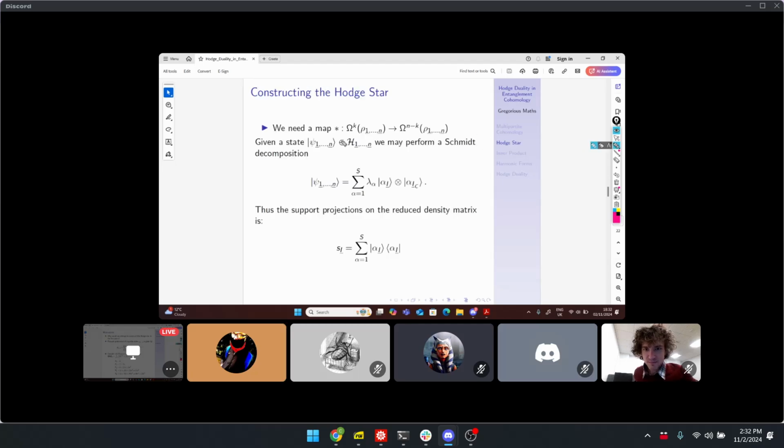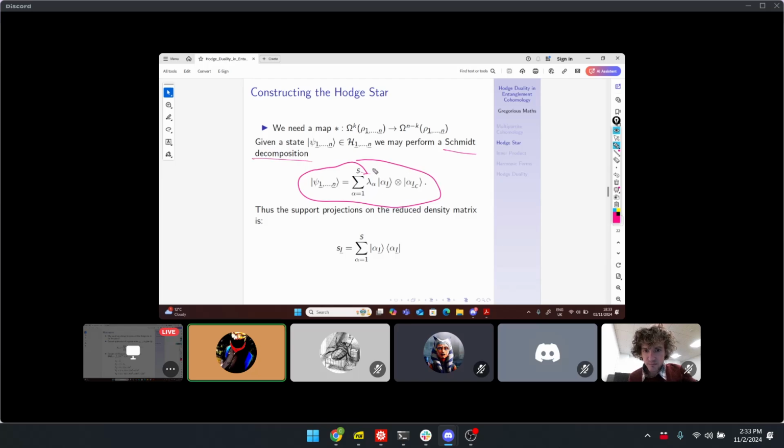So we start with the Hodge star. If we're given a state, what we can do is decompose it into an easier form. We can decompose it into the following sum, and this is known as a Schmidt decomposition.